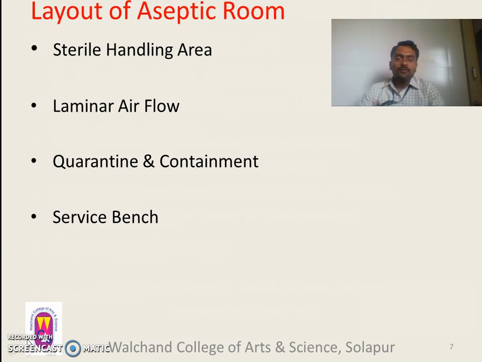In the laminar air flow, aseptic air is passed through the filter and positive pressure is maintained, so that the entry of microorganisms, if they do enter the laboratory area, can be prevented. The other room is known as quarantine and containment, where class 2 type laminar air flow is maintained, which is used for maintaining, culturing and studying new cell lines, animal cell lines, and biopsies introduced into the laboratory.